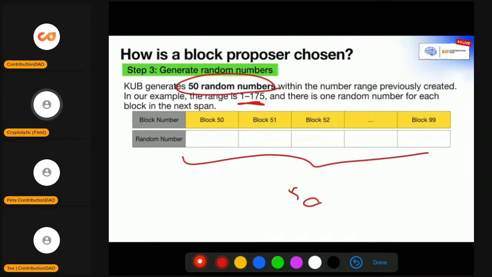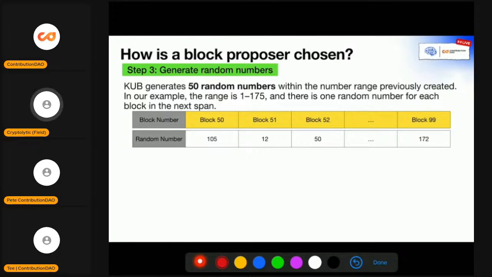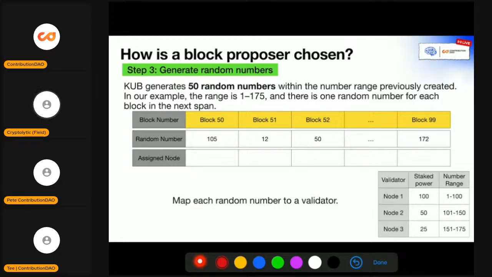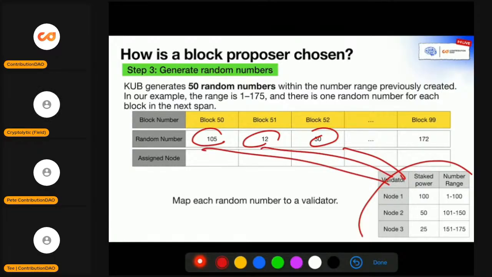You just need to randomly generate 50 random numbers ranging from 1 to 175. Assume that you get a number between 1 and 175, and then you use the table that we just discussed previously and map the random number with this table.